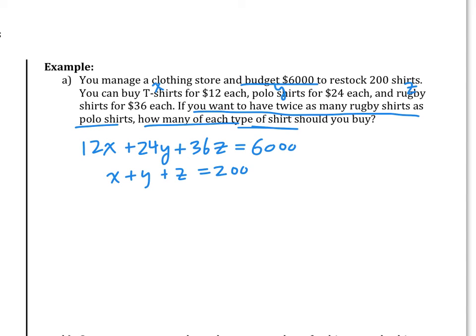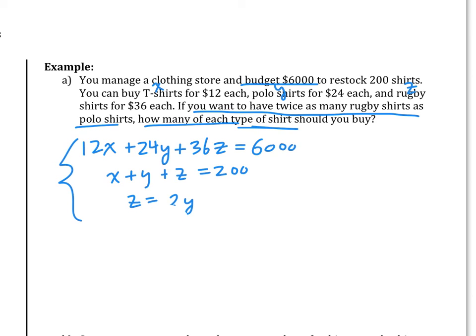So rugby is how much more than polo? I have twice as much. So rugby is twice as much as polo shirt. If I don't think this way, it takes me a very long time to figure out how to solve. So I just ask myself, which one has more? This is the translation of twice as many.